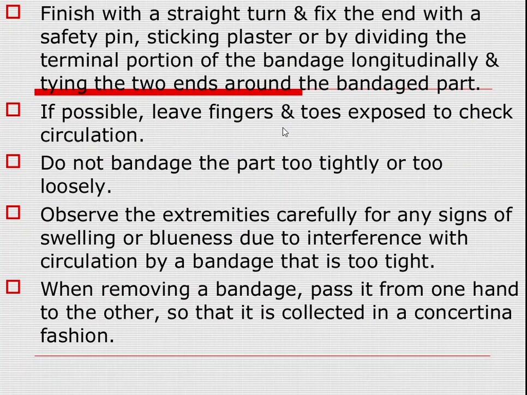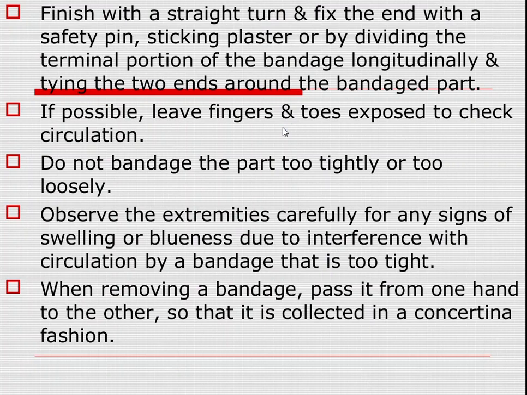It means we are not covering the patient's fingers and toes, so that we can check the blood circulation by changes in the fingers or toes. Do not bandage the part too tightly or too loosely. Observe the extremities carefully for any signs of swelling or blueness due to interference with the circulation by a bandage that is too tight.